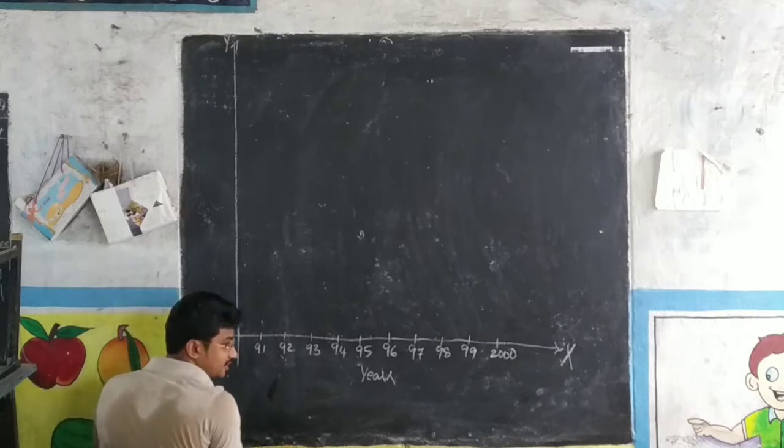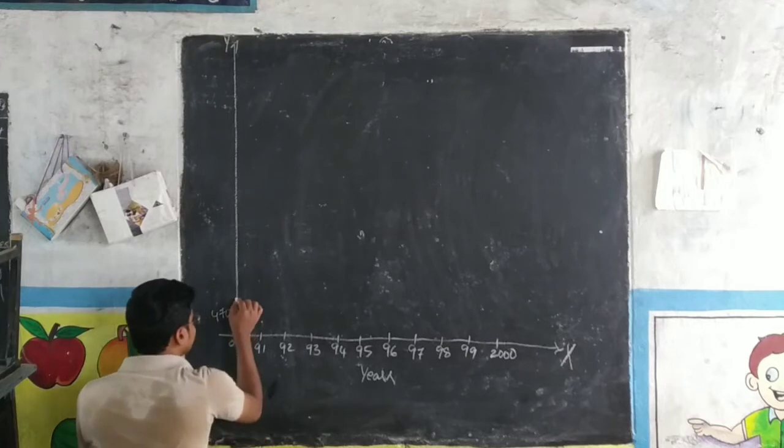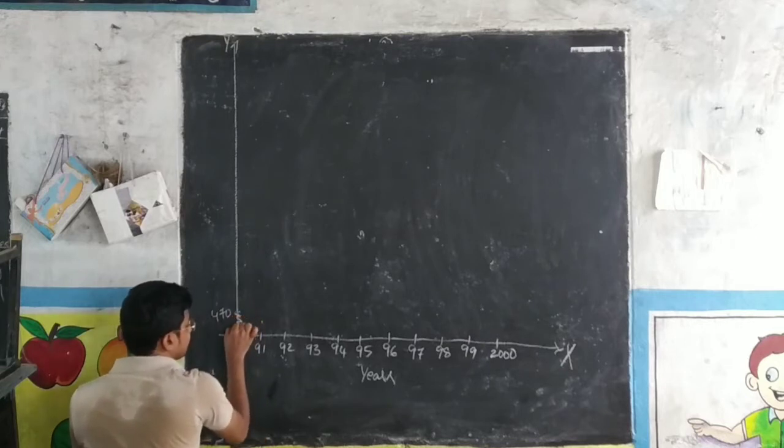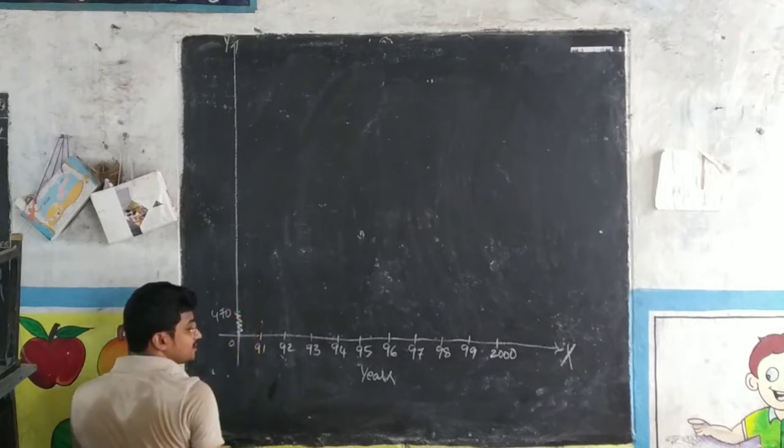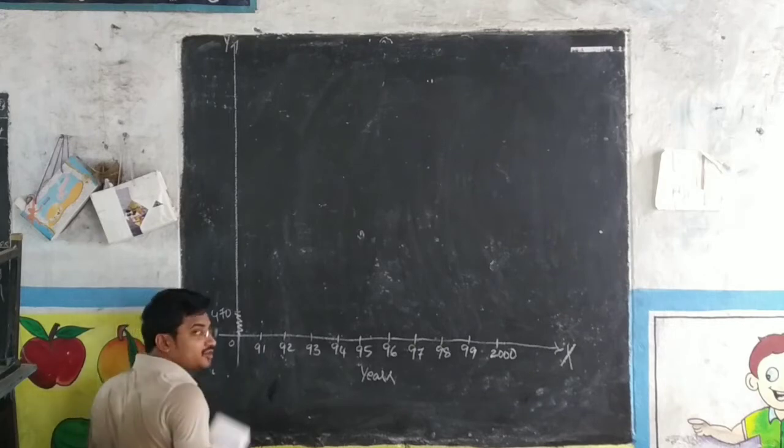Sales values start from 470. This is the curvy line. Curvy line means data was condensed between 0 to 470.